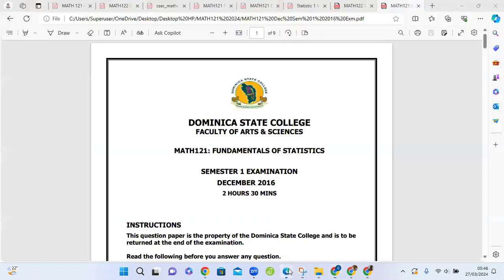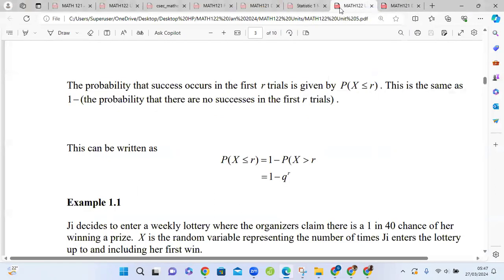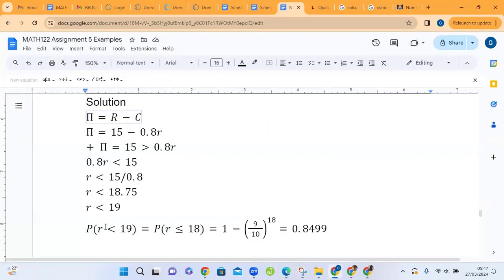So if you go to Unit 5, P of X less than or equal to R is 1 minus Q to the R. So this is the rationale for converting less than 19 and rewriting it as less than or equal to 18.